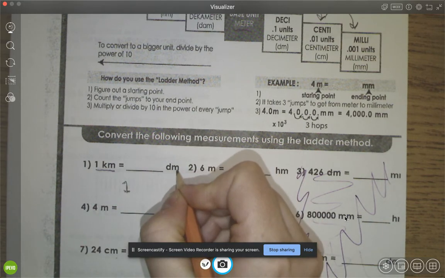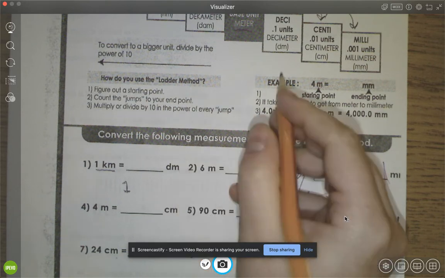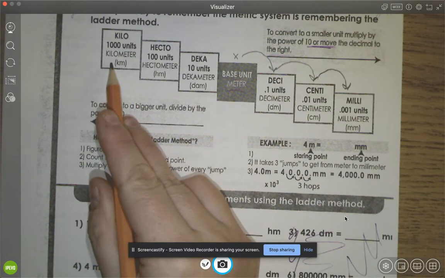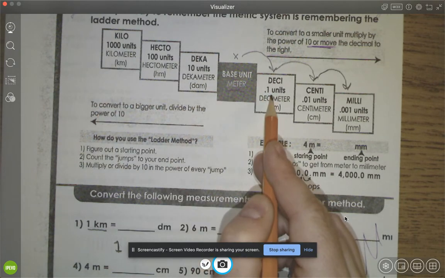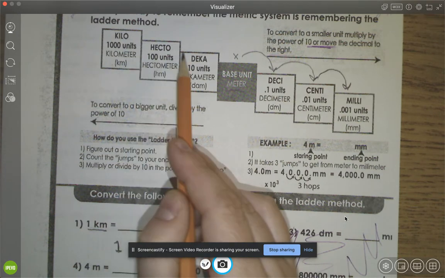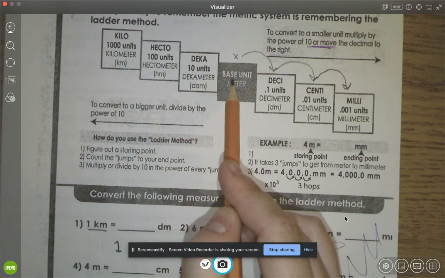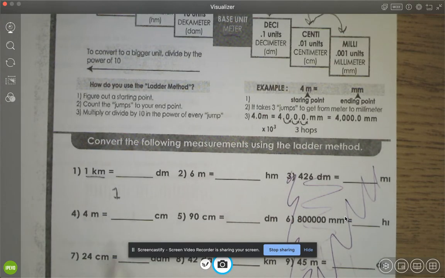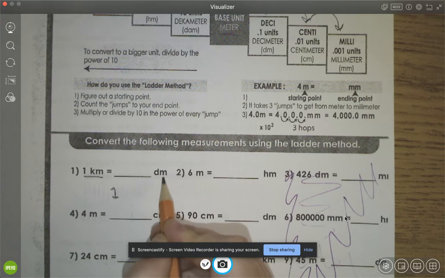And then here we want to turn it into a decimeter, right? So we're starting from here, going to here. Now, here are the steps. We go 1 step, 2 step, 3 step, 4 step. So that is a total of 4 steps in order to get from kilometer to decimeter.